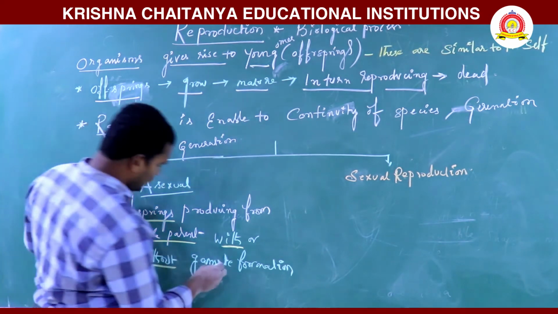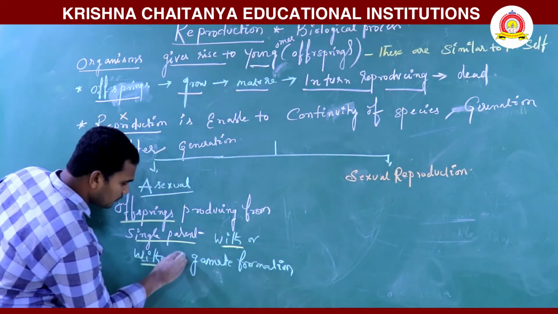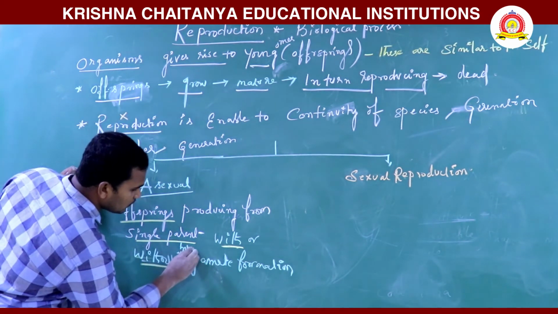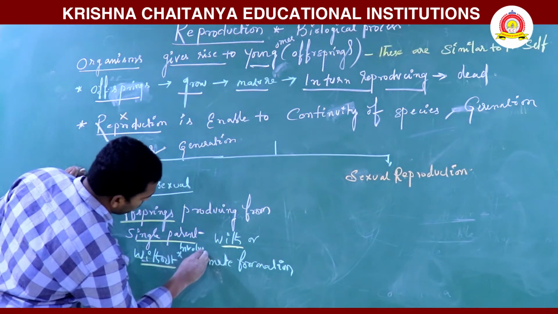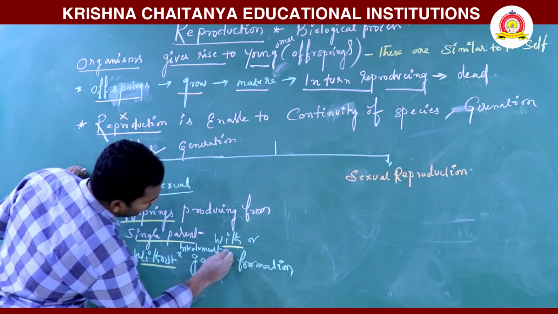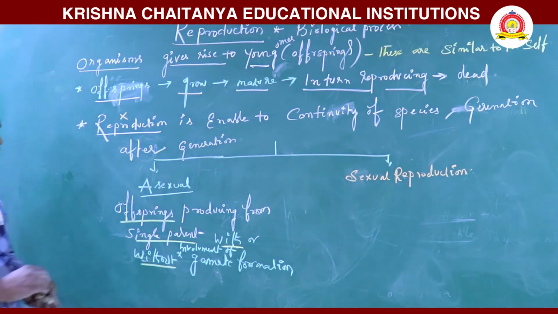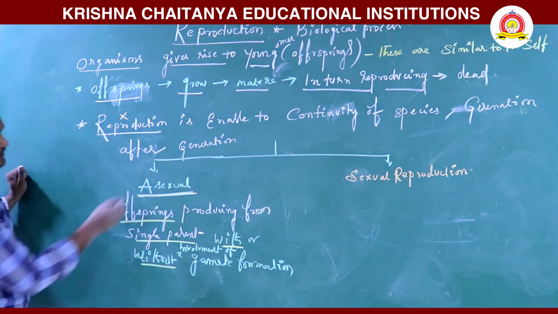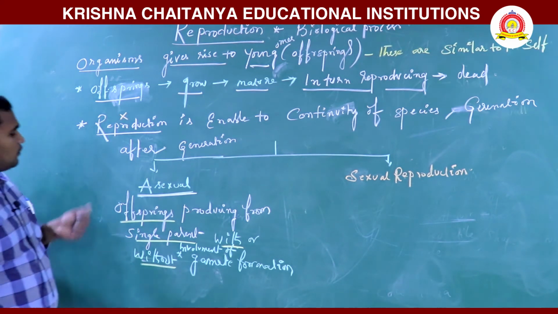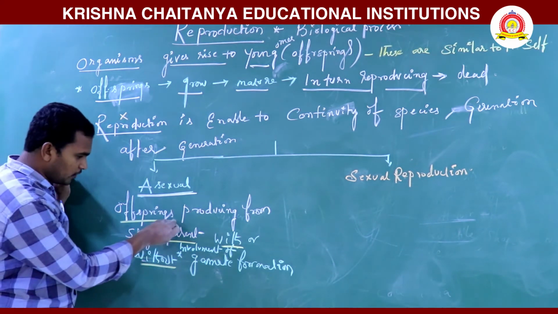Here you should write: with or without involvement of gamete formation is called asexual reproduction.